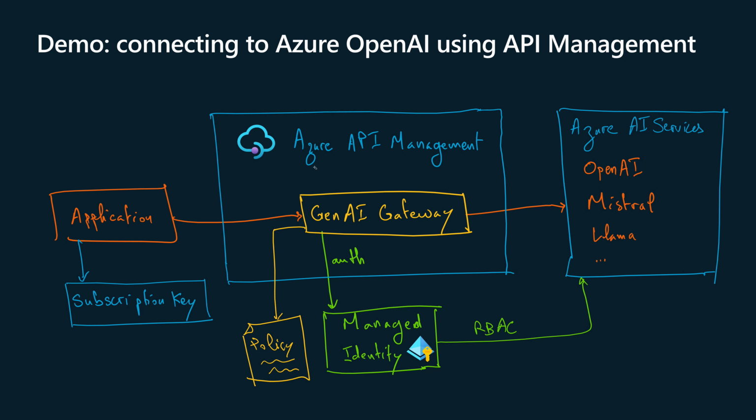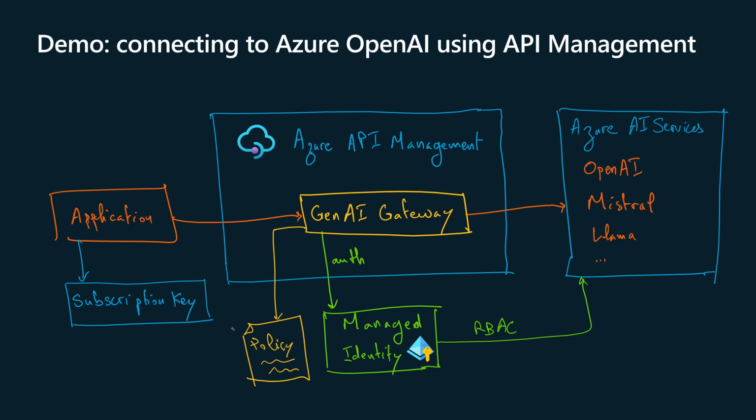In this demonstration, we'll see how we can connect to Azure AI services from an application by using Azure API Management, where we'll manage the authentication to the AI services using a managed identity that will have the required RBAC access roles for the AI services.